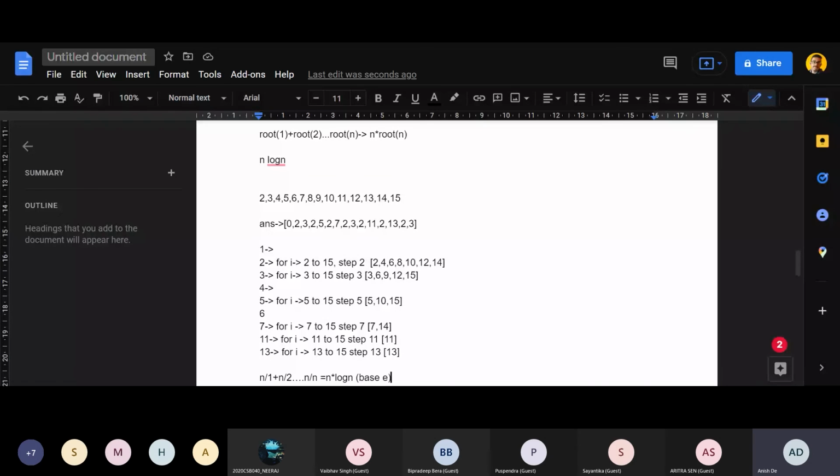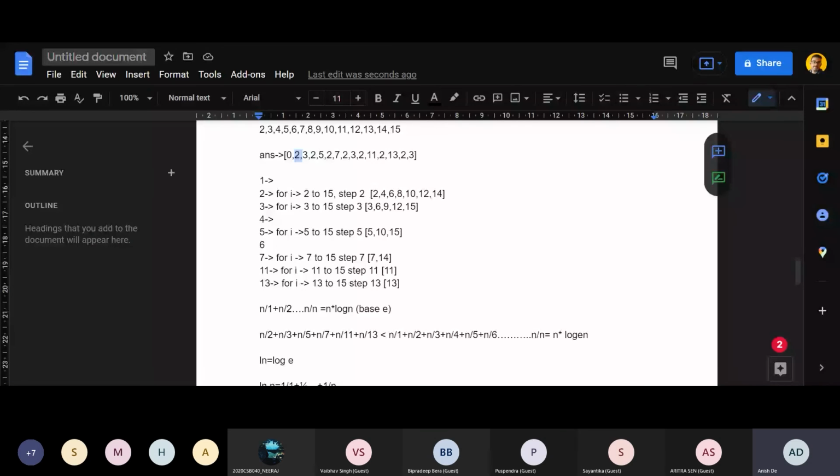Like 2 has a minimum prime factor of 2, so 2 is a prime number. 3 has a minimum prime factor of 3, so 3 is a prime number. So the numbers whose minimum prime factor equals themselves are prime numbers. You can find the prime numbers from 1 to n in n log n.